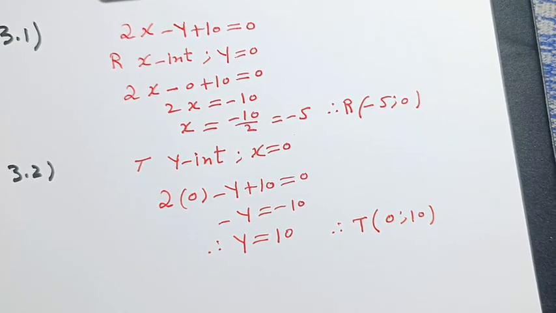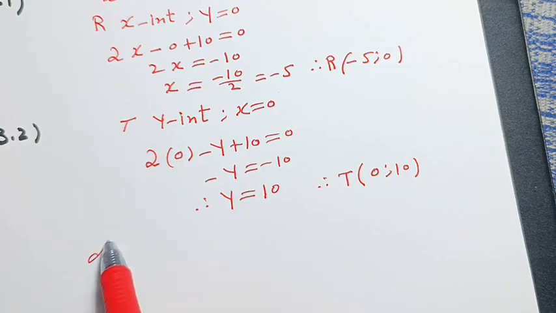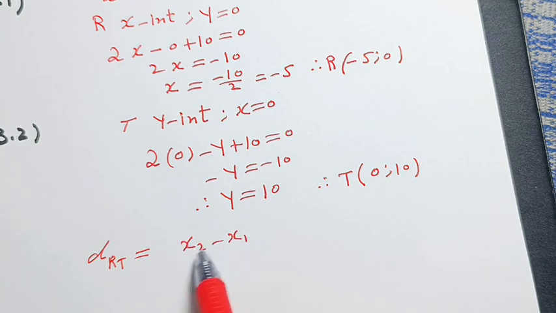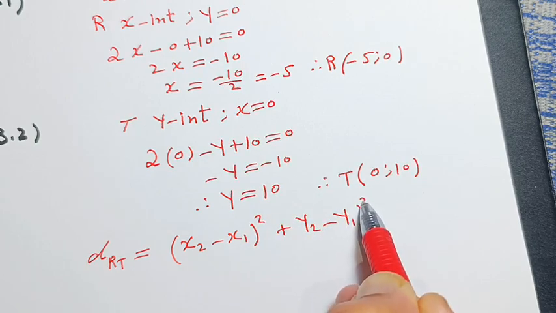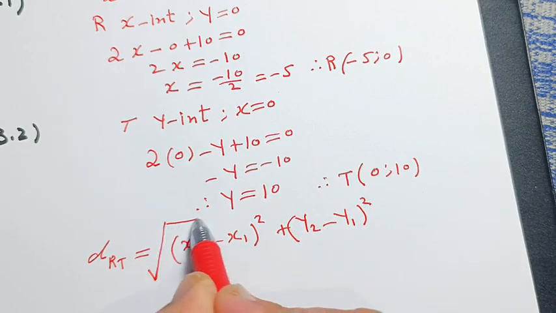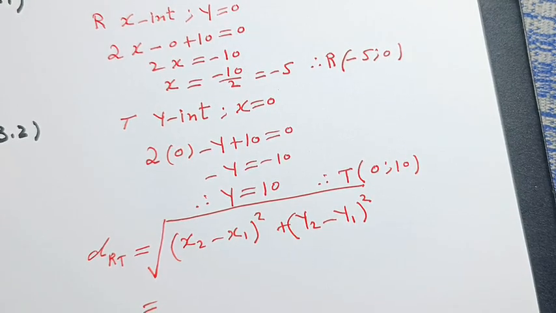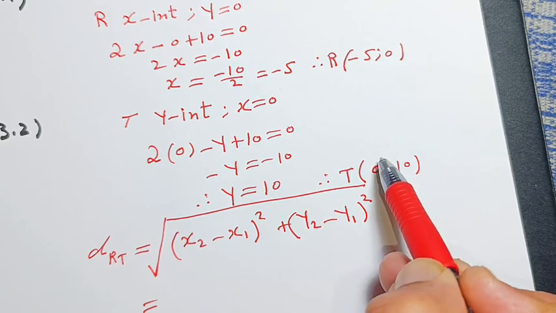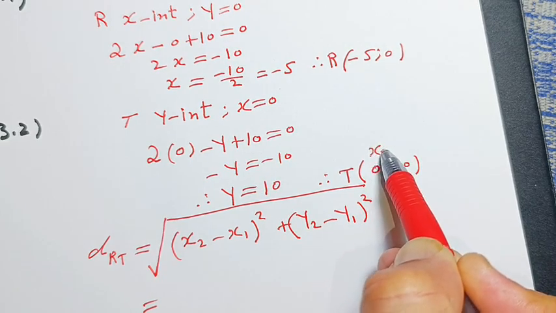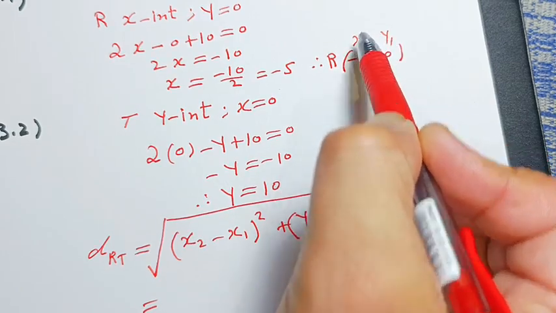Now I can find the length of RT using the distance formula: the square root of x2 minus x1 squared plus y2 minus y1 squared. Now I'm going to substitute these values into the formula. This is my x2 and y2, and this is my x1 and y1.